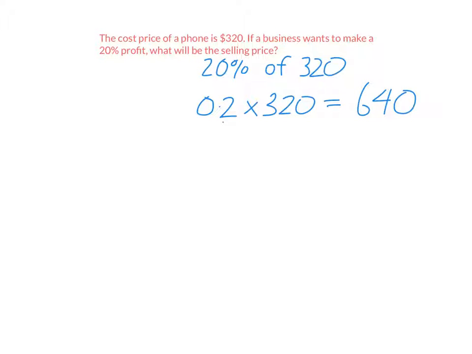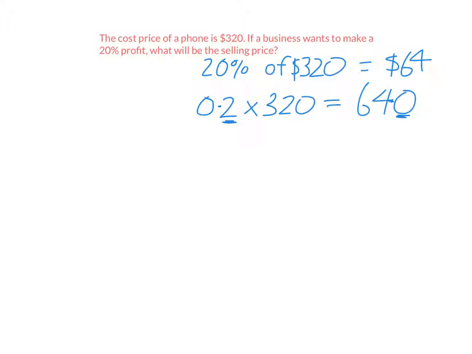Now, because there's one number after the decimal point in this multiplication sum, then our answer will have one number after the decimal point. So I'll put the decimal point there, and there's one number afterwards. So 0.2 times 320 is 64. So 20% of $320 is $64.